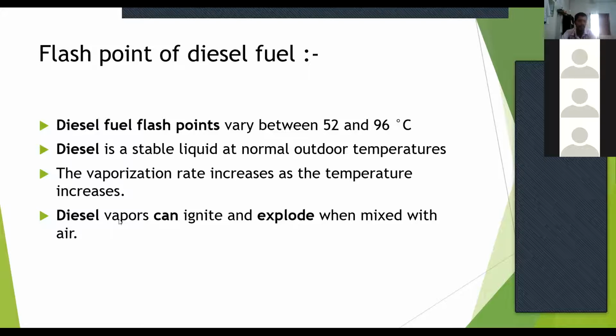The vaporization rate increases as the temperature increases, right? That is really what is happening. Even at room temperature there will be fuel vapor in the atmosphere of the fuel, because at whatever temperature there will always be some vapor, but the rate of vaporization increases as the temperature increases.